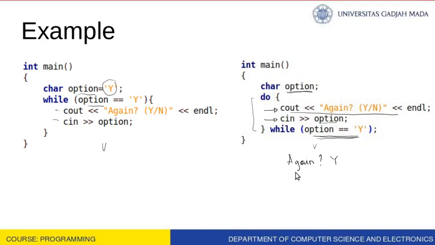Suppose I put n for the second iteration, then this option will be checked whether it is equal to y. So this is false because option is equal to n. So the iteration will be finished, and it will go to the next line.